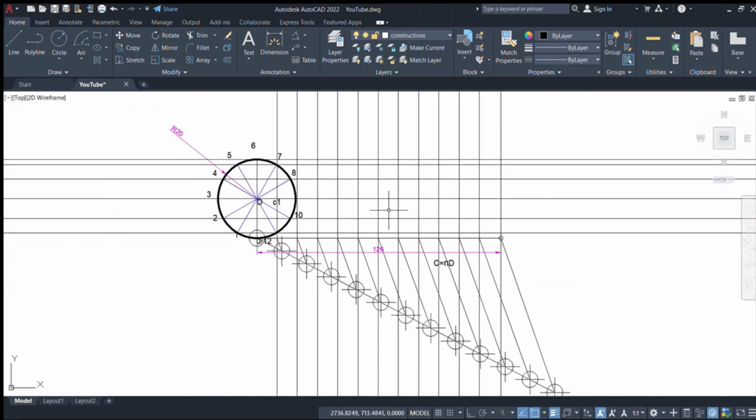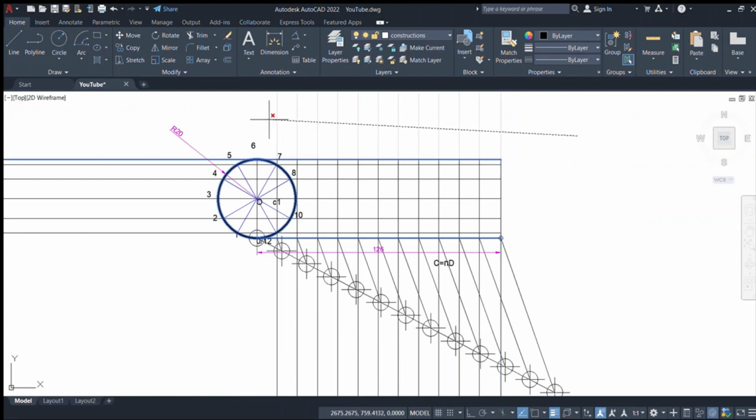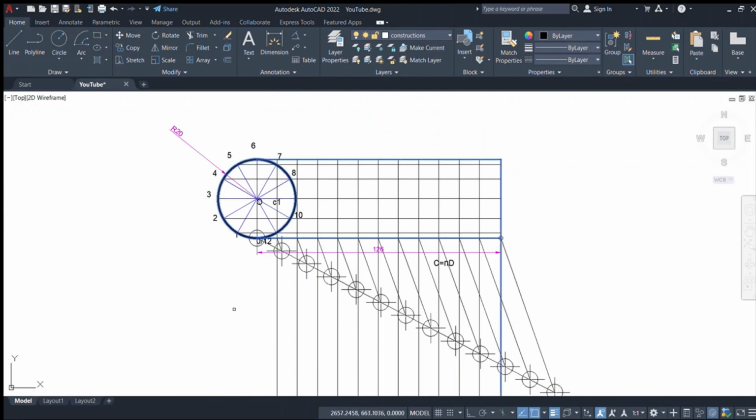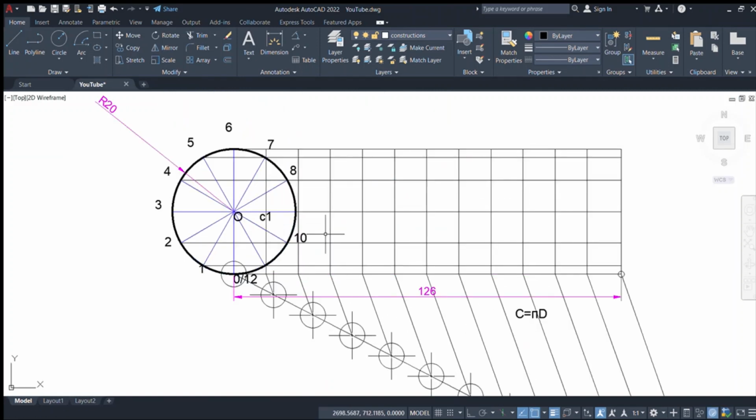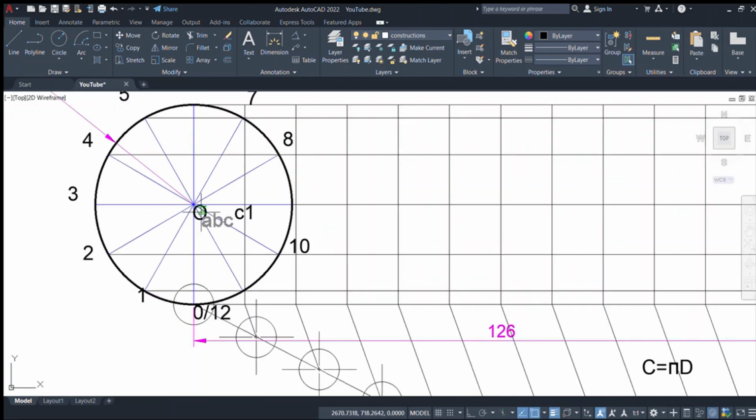So I can trim the unrequired points. Now let's name all the centers from the center line, starting from center 0, C1, all the way to center 12.